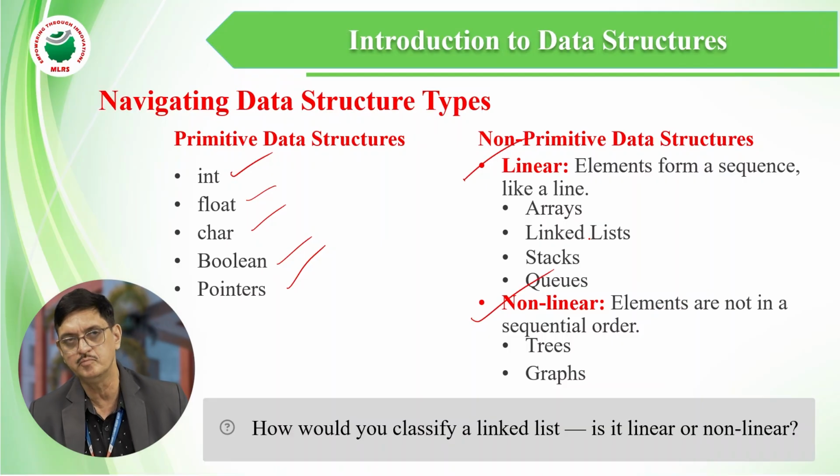Where elements form a sequence like a line, it is called a linear data structure; based on how the elements form linearity, we identify arrays, linked lists, stacks, and queues. Where elements are not in sequential order, we call them nonlinear data structures; examples are trees and graphs.